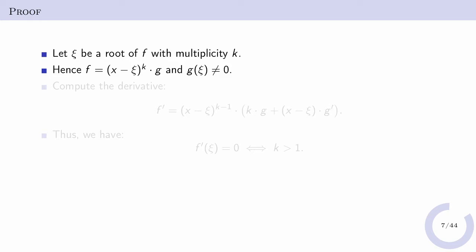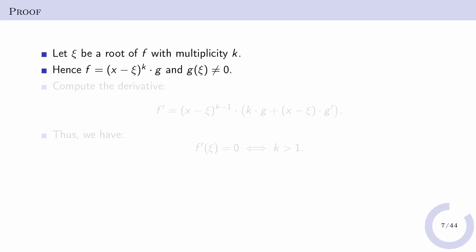If it's a root of f of multiplicity k, this means that f can be factored into (x minus xi) to the kth power times g, where this g does not vanish at xi any longer.